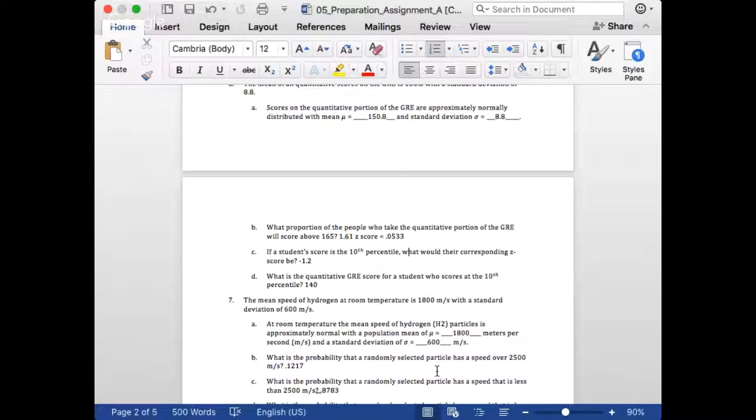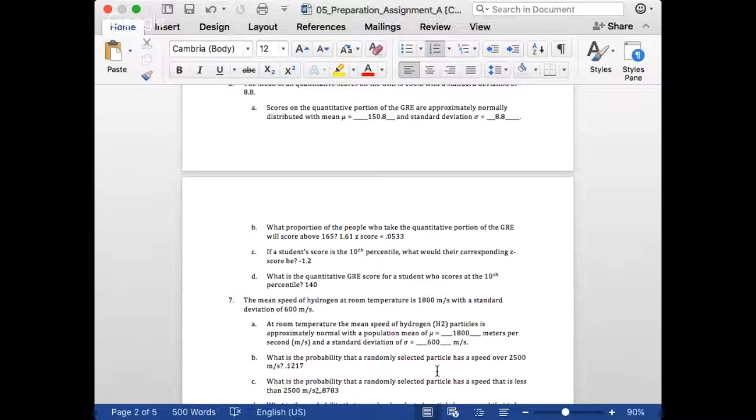That z-score is the z-score for 2,500. So you're going to put that into the applet at the z-score number, and then you highlight everything that's above that z-score, and the area of that will be the probability.